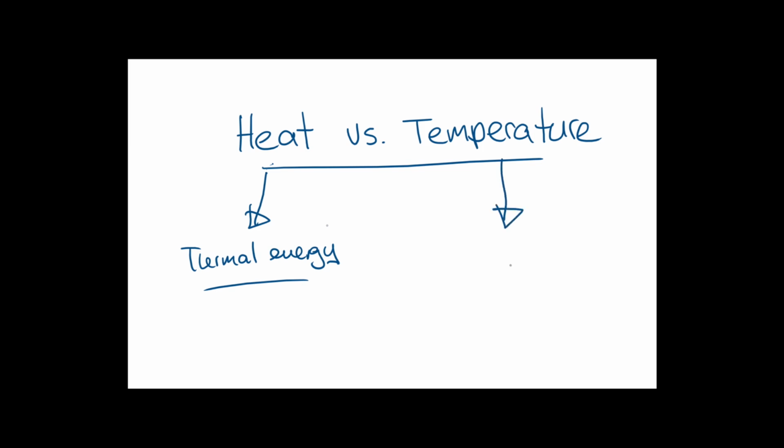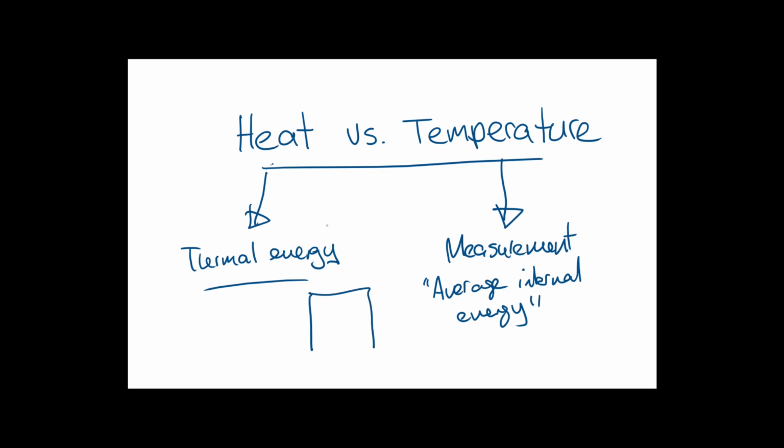Temperature is the measurement of thermal energy. So you might be thinking that this is the same thing, but really what we're measuring technically is the average internal energy of a system. So if we imagine a container in here, it's not going to be a uniform temperature, but what's going to be creating heat is the particles inside it.